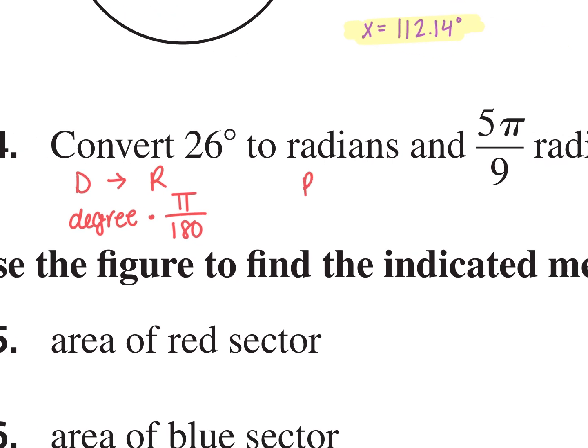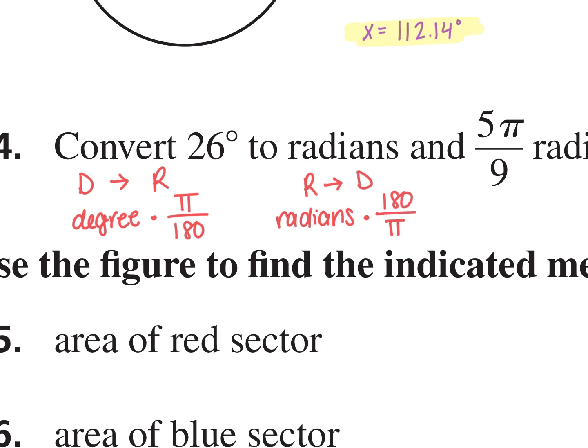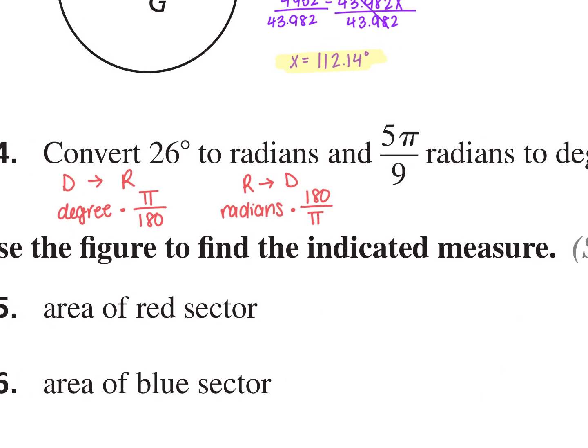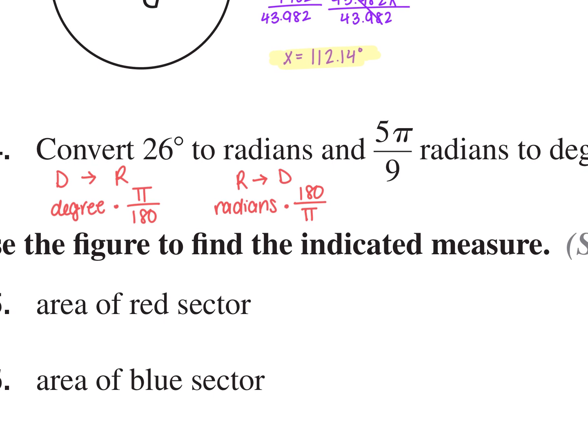Looking at the next one, I have radians to degrees. And for this, it's going to be radians times 180 over pi. That's something that you guys are going to have to remember. So first thing they asked me for, convert 26 degrees to radians. Pay attention to how I'm solving this. Degrees to radians. I'm going to take my degrees, which was 26, times pi over 180.